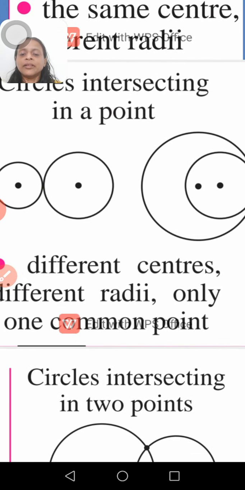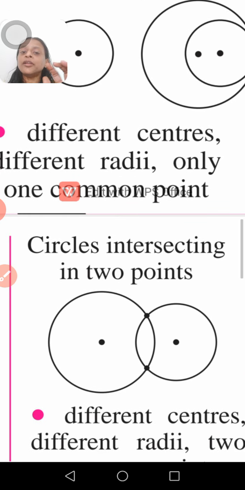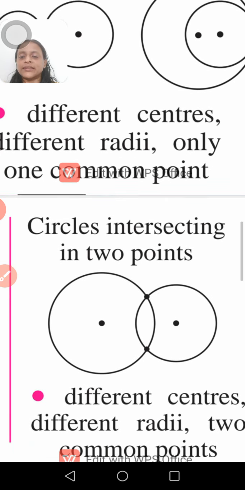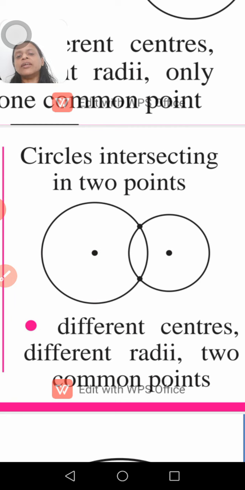Next, circles intersecting in two different points. From the figure it's very clear that the two circles have different radii, different centers, but they intersect each other at two different points.